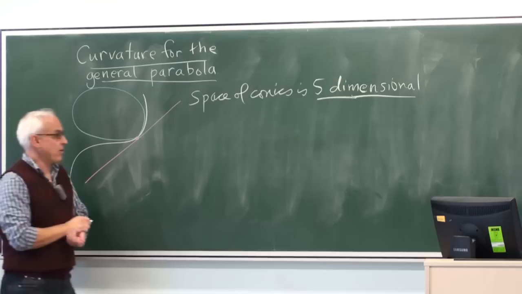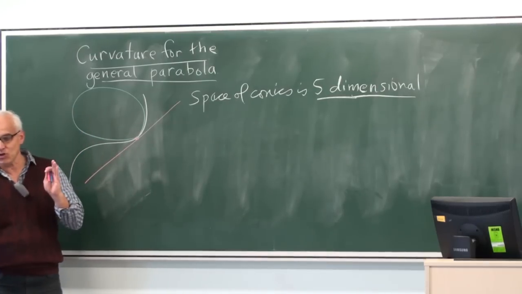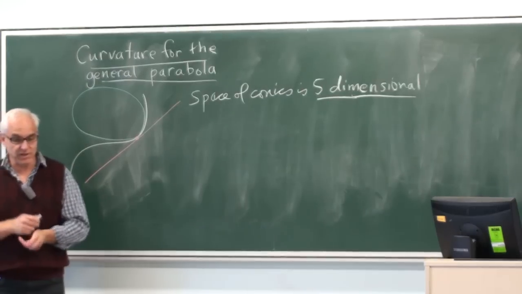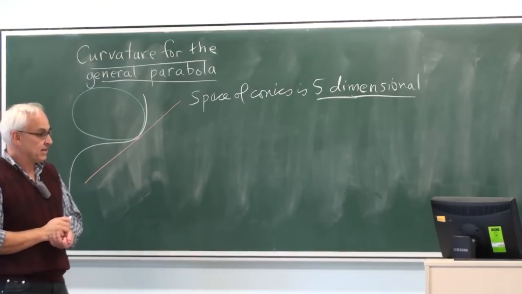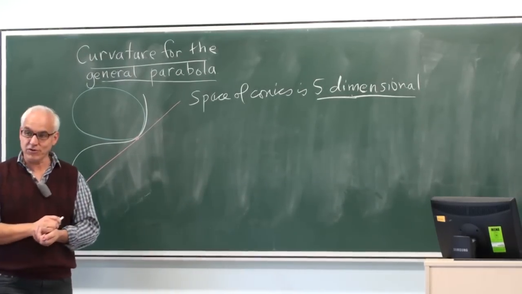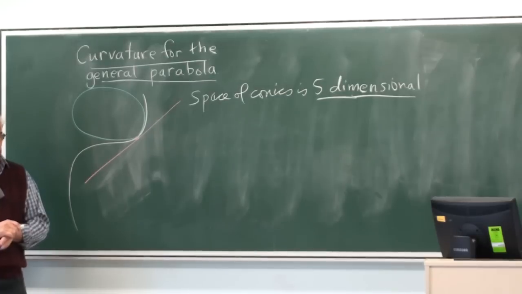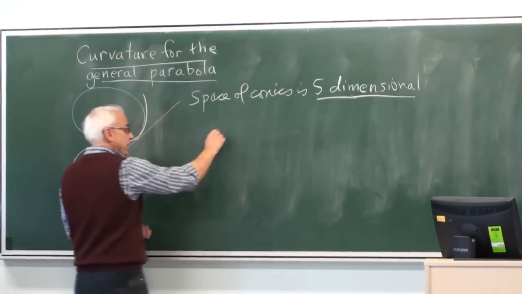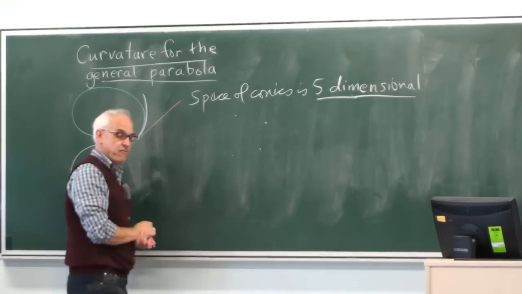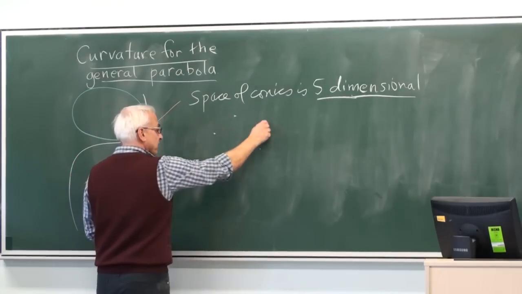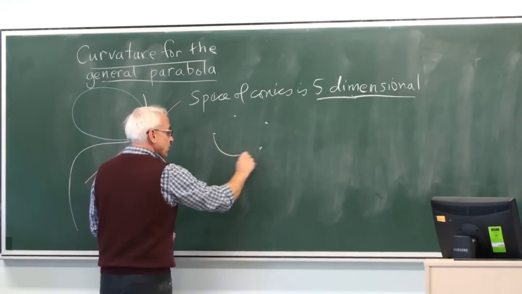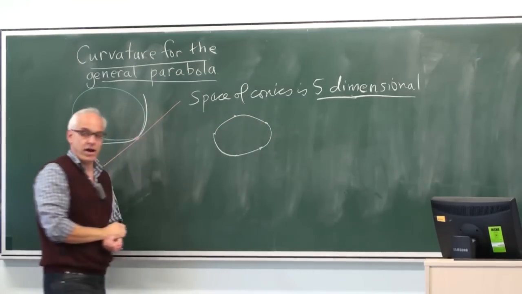Or another way of thinking about it is because the conic is associated to a 3 by 3 symmetric matrix up to a scale, and then again there's 6 minus 1 equals 5 degrees of freedom. Another way of thinking about that is that a conic is generally specified by 5 points. So it's a well-known fact of geometry that 5 points determine uniquely a conic.